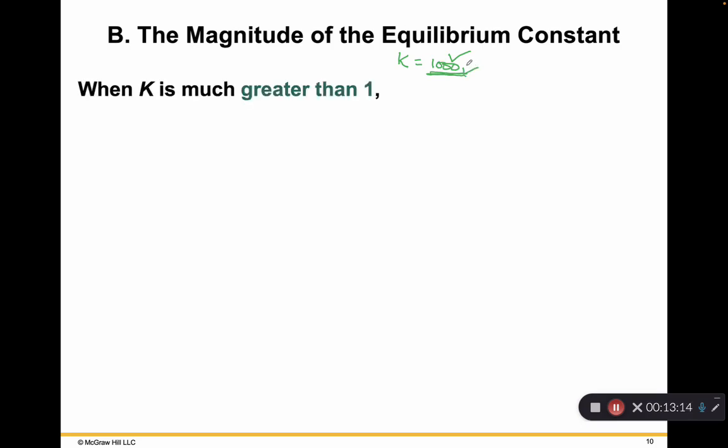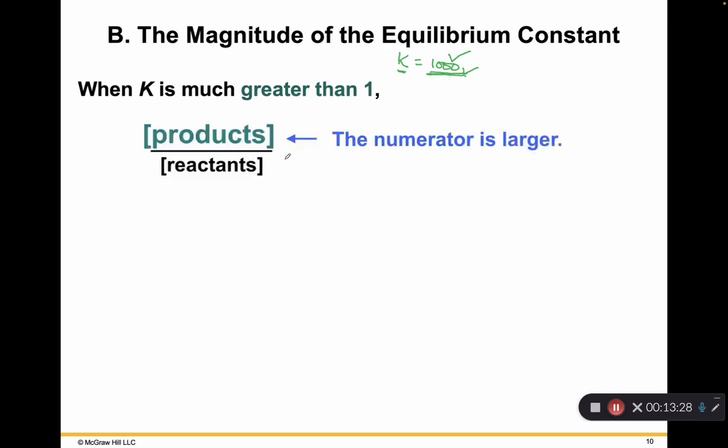Let's find out. When the K value is much greater than 1, in our case it is 1000, what does it mean? It means that the ratio of product by reactant is large, that the concentration of product is much larger than the concentration of reactant.